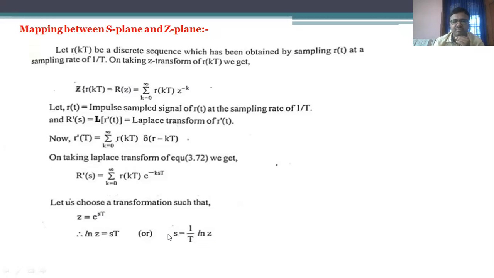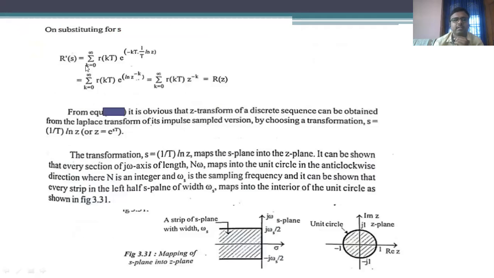So just substitute this particular S value in the equation R dash of S. With the substitution, we are going to get R dash of s is equal to sigma k is equal to 0 to infinity r of kT into e power minus kT into 1 by T into ln of z.